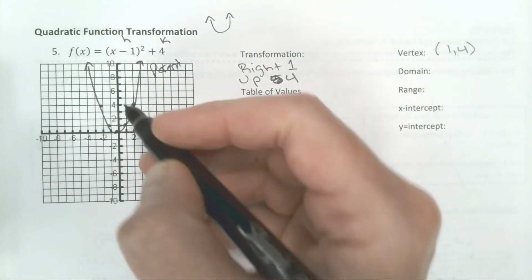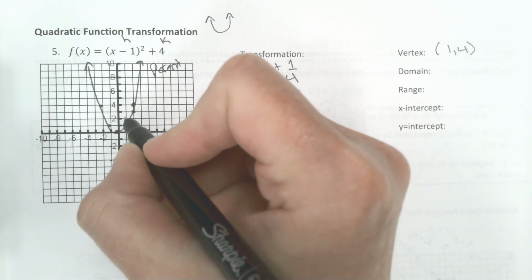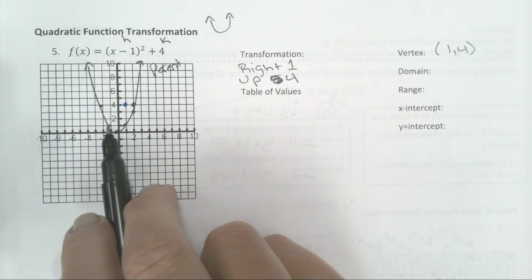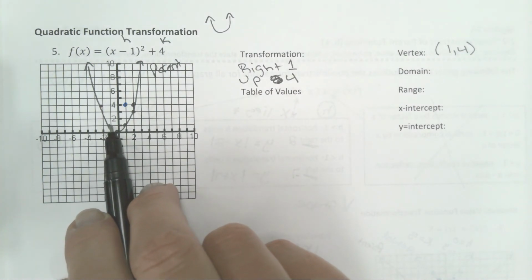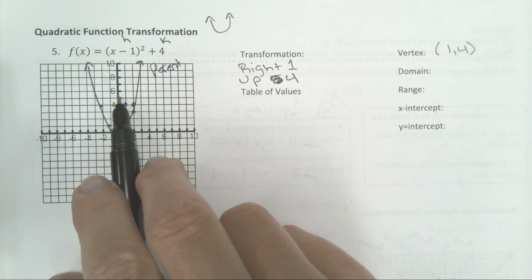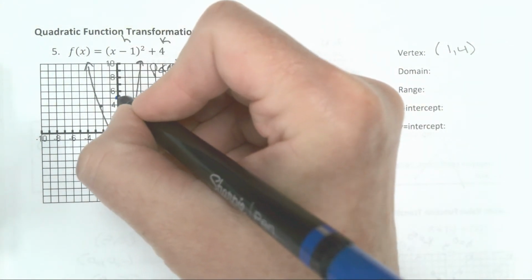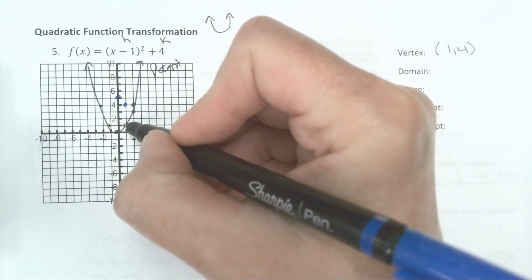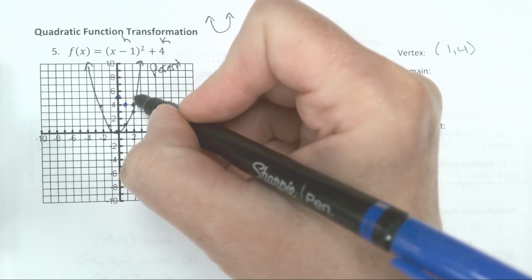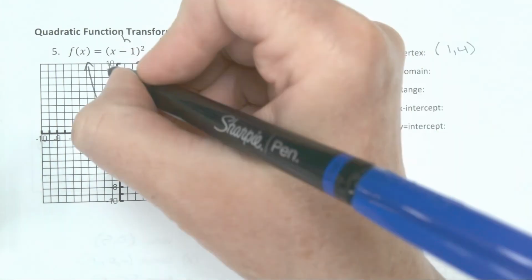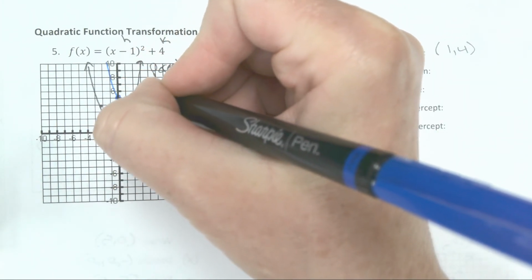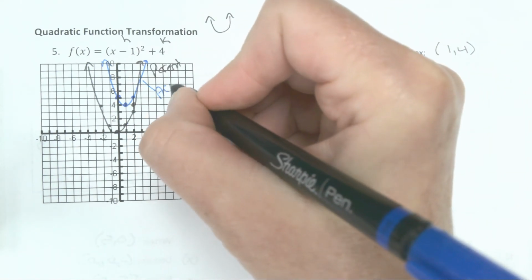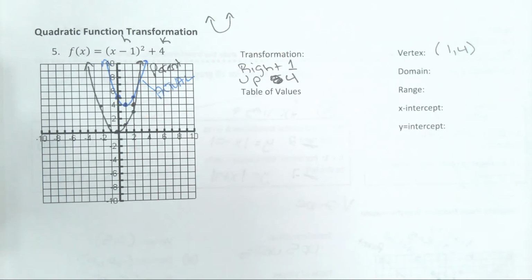So if you start at your vertex right here, you go right 1 and up 4, so that's where my new vertex is. This point, I'm going to go right 1 and up 4, so now you are at 0, 5. This point that was at 1, 1, when I go right 1 and up 4, it looks like this. So this blue is my actual.